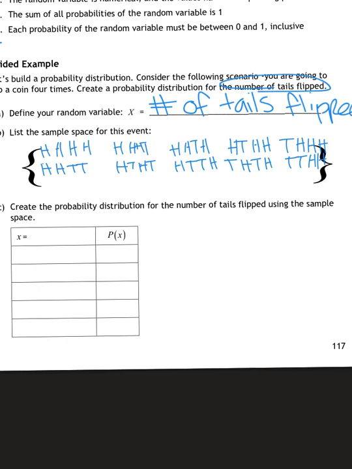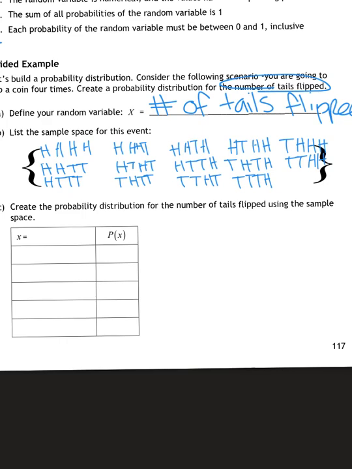Okay, and now what if it's 3? So heads, tails, tails, tails, tails, heads, tails, tails, tails, tails, heads, tails, tails, tails, tails, heads.